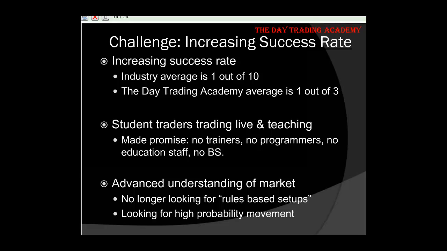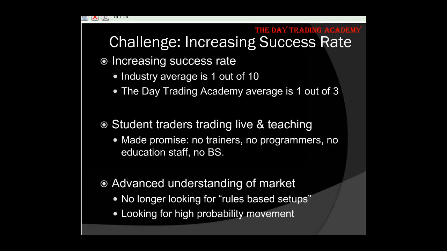So I'm not going to get a friend and hire them and just put them in a room, because day trading is something that we have to learn and we have to be doing to teach it. And then once we get to the point where we're making money and we're consistent, then we're no longer looking for rules, right?